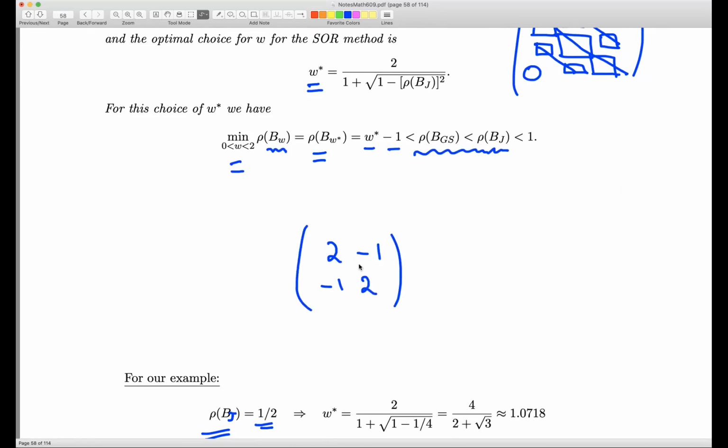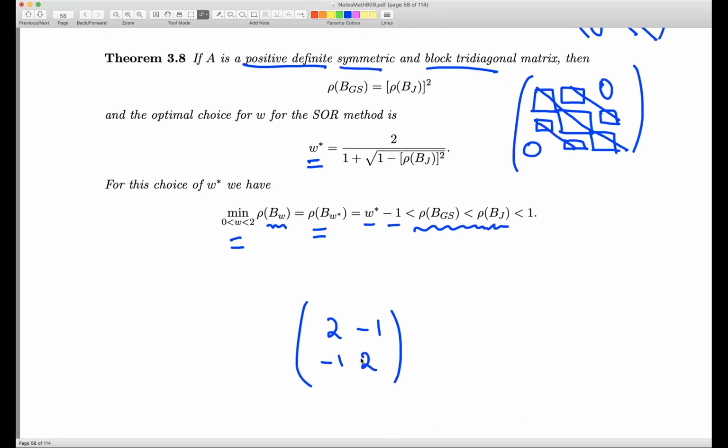One can check that this matrix is positive definite. Clearly the matrix is symmetric, and it's also a tridiagonal matrix. It has an element on the main diagonal, an element below the main diagonal, an element above the main diagonal, and everywhere else is 0. It just doesn't have any other terms.